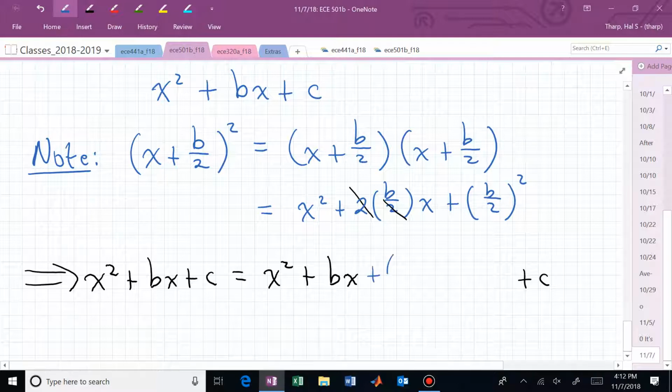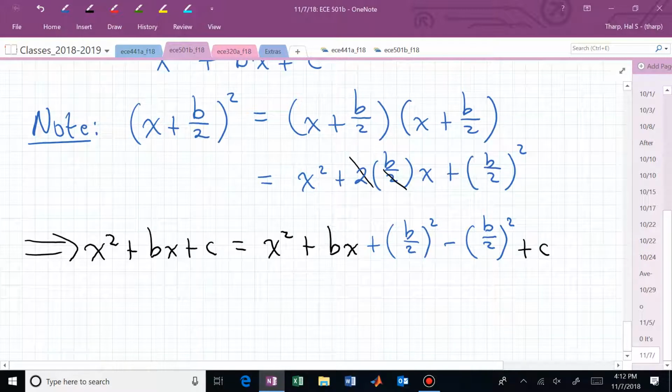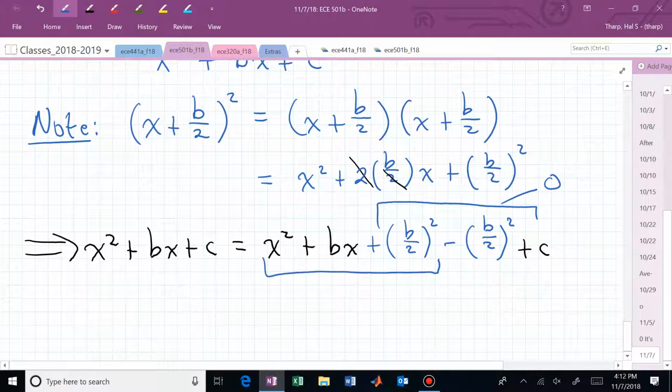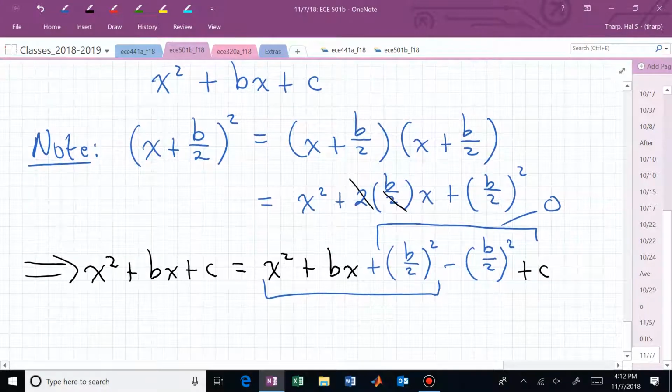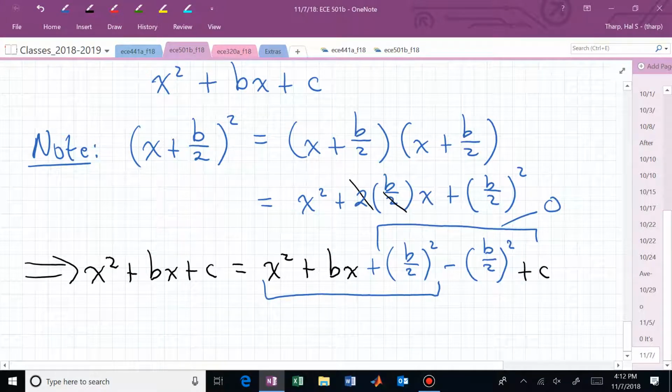So now I have plus b over 2 squared minus b over 2 squared. So I haven't really done anything magic. I've just allowed myself to complete the square. This is just 0, so I'm adding 0. But now I can view that as a nice square of x plus b over 2 quantity squared.